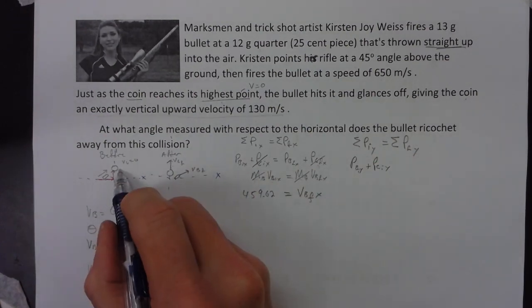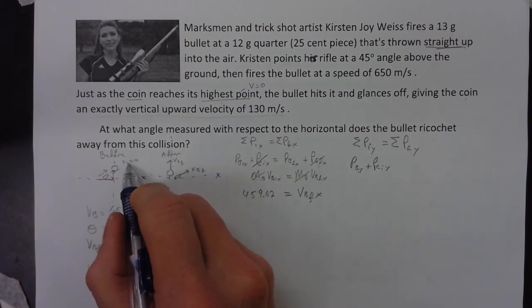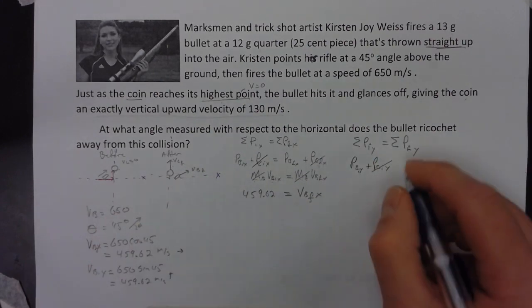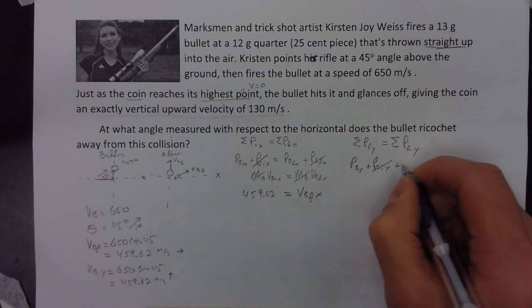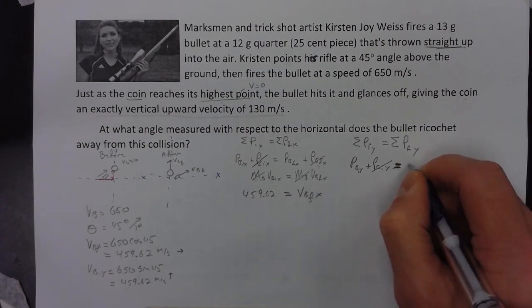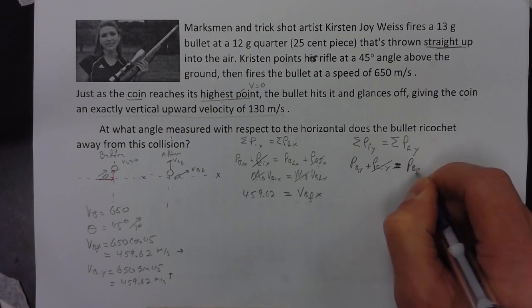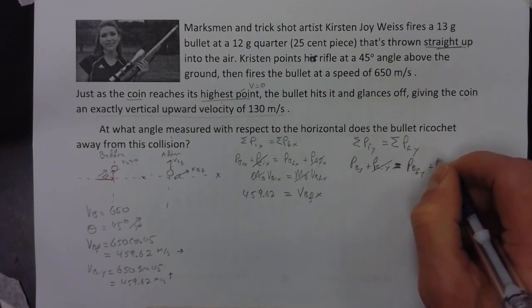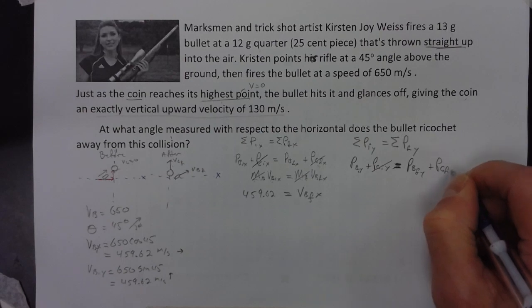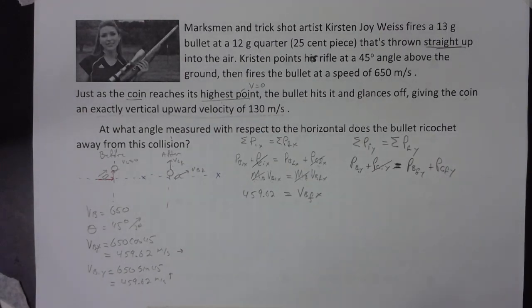But again, we know that the coin was at rest, so it doesn't have any momentum initially. That's going to equal our momentum of the bullet finally in that y direction and our momentum of the coin finally in that y direction.